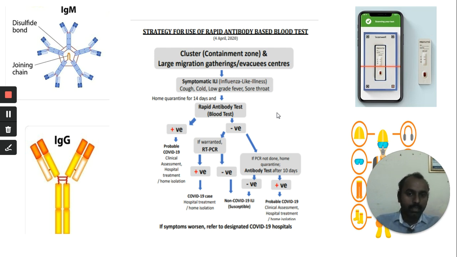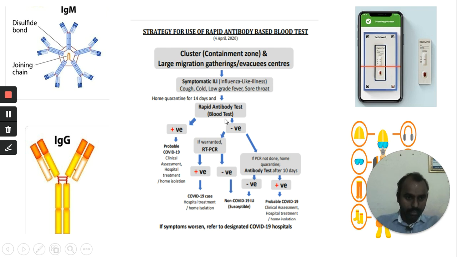Here the Ministry of Health and Family Welfare as well as the ICMR suggest that whichever individuals in the clusters express influenza like illness, ILI, those individuals are to be tested with the rapid antibody based test.